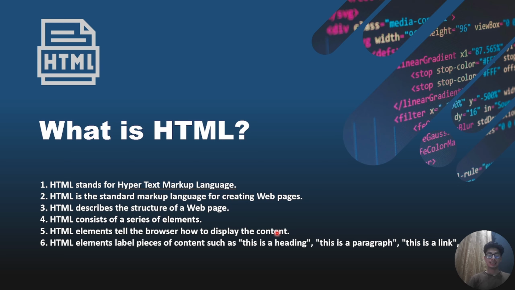So we can see it as a heading on a web page. Okay, the next is HTML element labels pieces of content such as this is heading, this is paragraph, and this is a link. So we can use HTML to link to other pages too. Like if you want there to be a link on your page to your Insta or maybe YouTube, you can also do that.